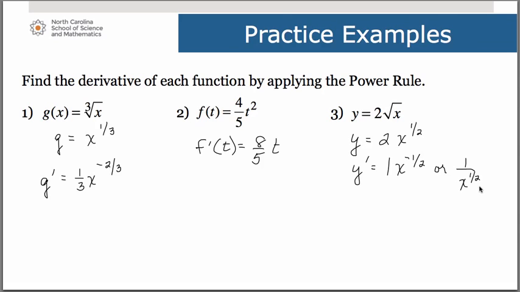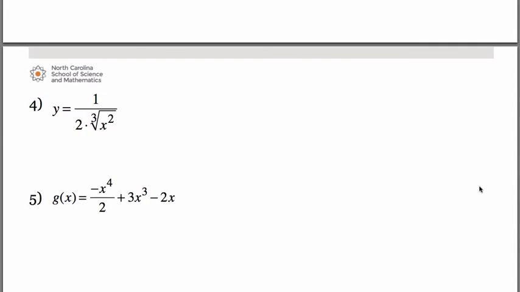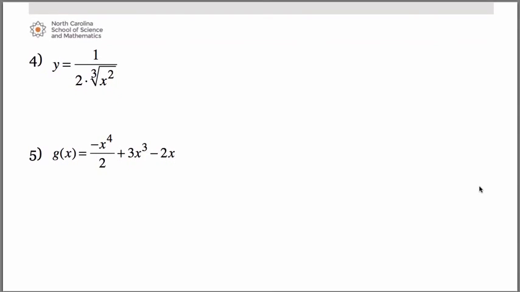So let's try a few more. So we're going to rewrite this one also. So that would give us 1/2. This would be x to the 2/3. Right, but think about how the power rule goes.